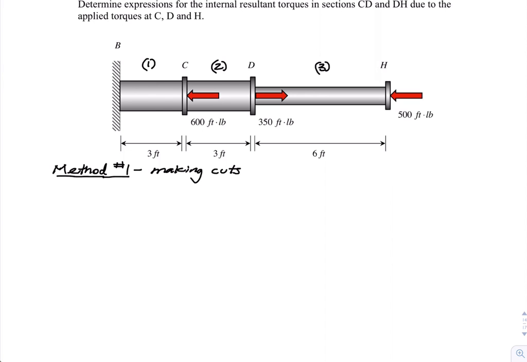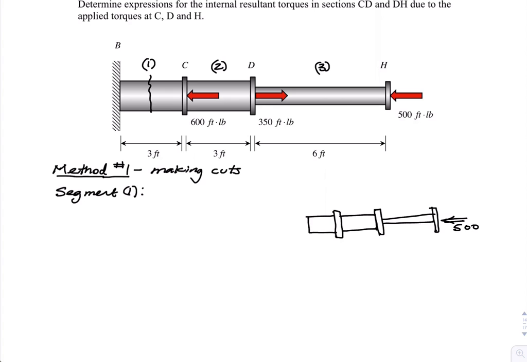So the first thing we're going to do is for segment 1. For segment 1, if I make a cut through here, then I've got acting on this, I've got a torque of 500 foot-pounds.